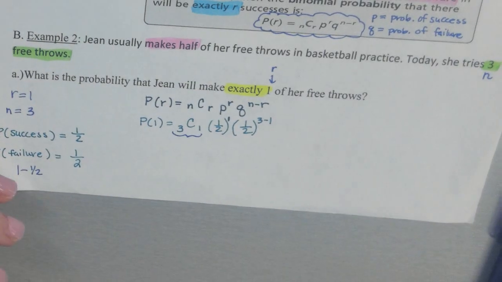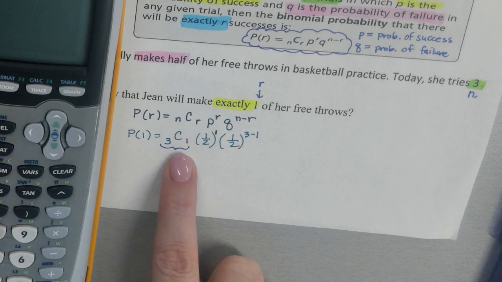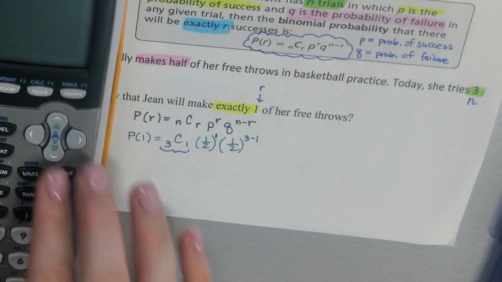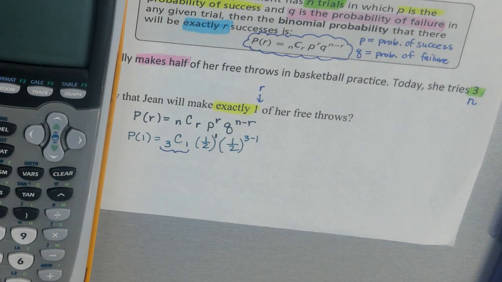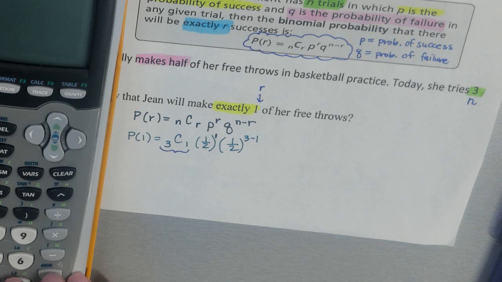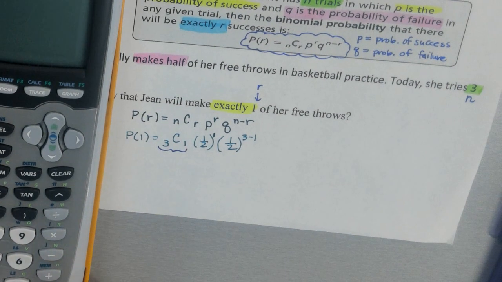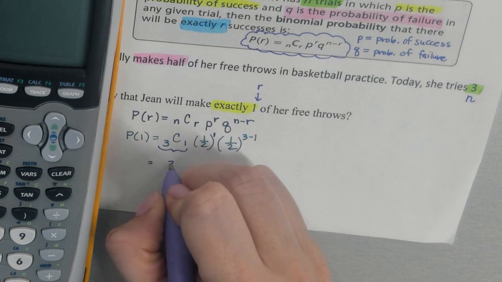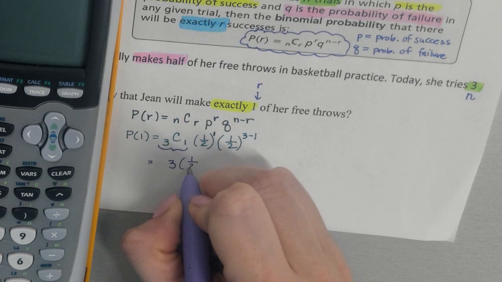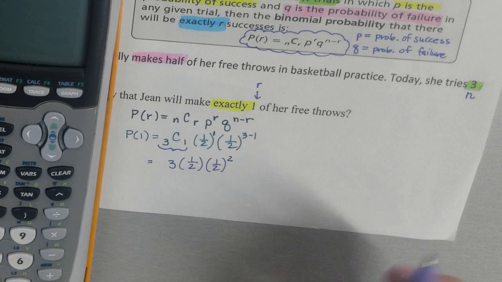And again, you can also use your calculator. I don't really like that it's not the first entry, but you do have to start with 0 because there is a probability that she doesn't make any of her free throws, so you do have to take that into account. So you can also do 3, choose 1, okay, and that will give you 3. 1/2 to the first power is just 1/2, and then this is 1/2 to the second power.